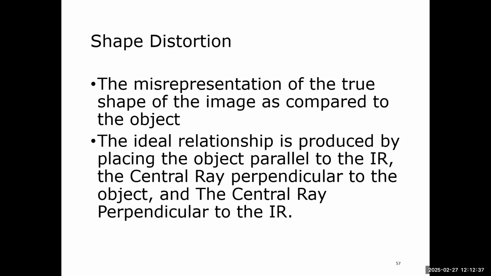There's an ideal relationship that needs to be maintained if we are to minimize shape distortion. So that is by placing the object parallel to the IR. So if this is my IR, we want the object parallel, right? We don't want it tilted up unless we're purposely doing it, like an oblique or something.